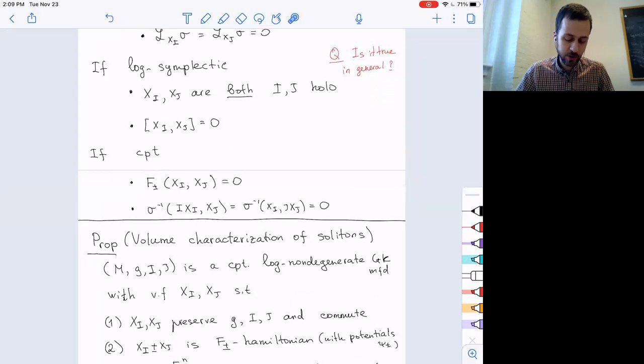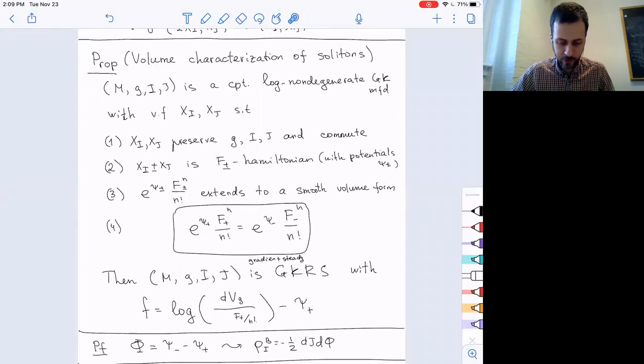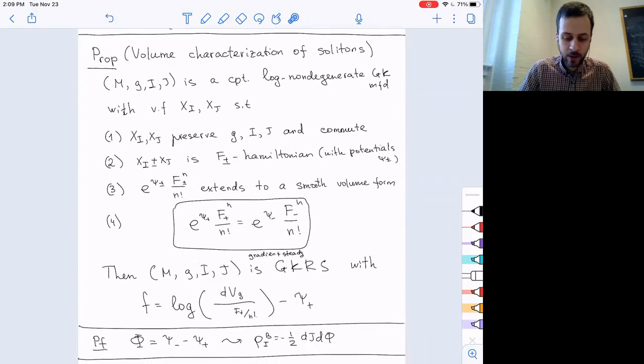And this allows us to give a characterization of solitons different from the initial equation. This characterization is what we finished with last time, so let me go over it once again. You start with the generalized Kähler manifold, which is log non-degenerate. And you also prescribe two vector fields, ξ_I and ξ_J. So this is part of your data.